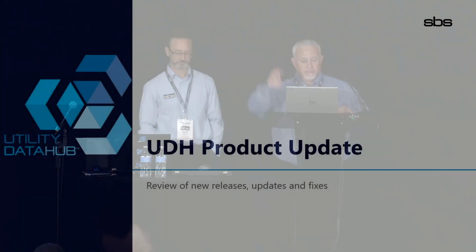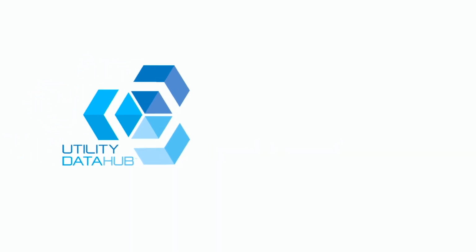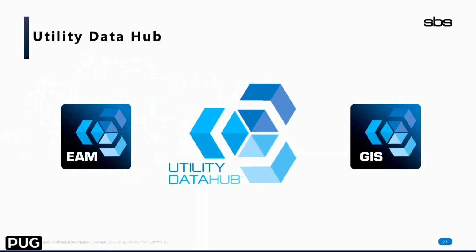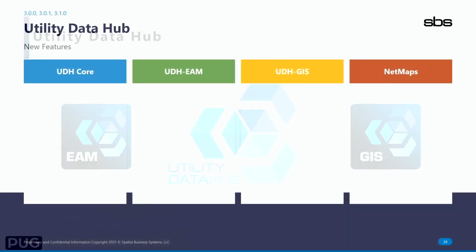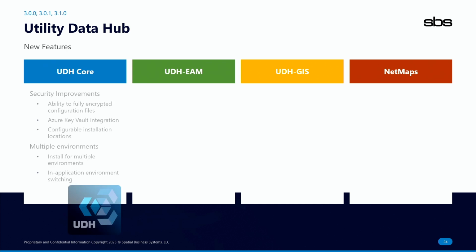All right, let's talk about the UDH product updates. So Utility Data Hub, we have our EAM and GIS modules. For this past year, for the UDH core, we've first off added some security improvements, mainly the ability to fully encrypt configuration files now.